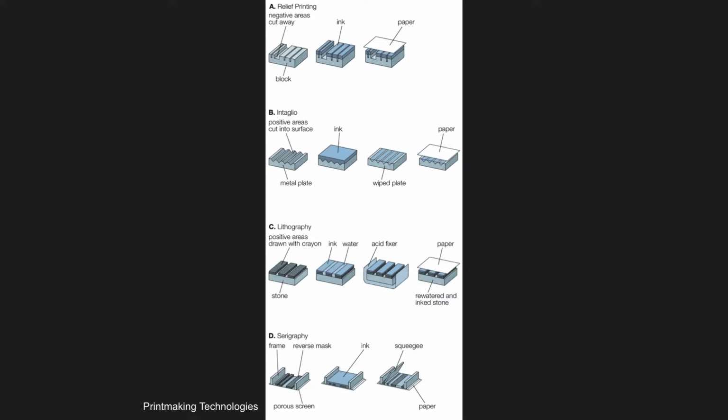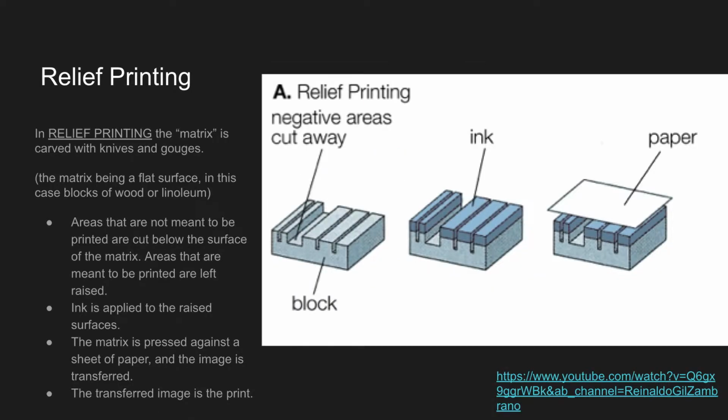This is an image that shows sort of diagrams of different printmaking processes. It's not important that you understand this image right now, but I will be showing clips from this image. So here's the first clip of that.